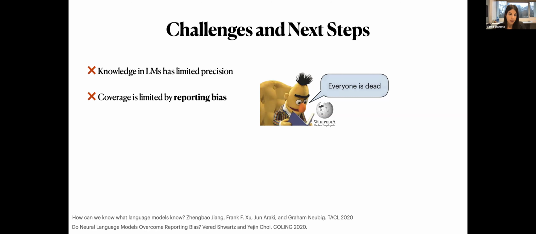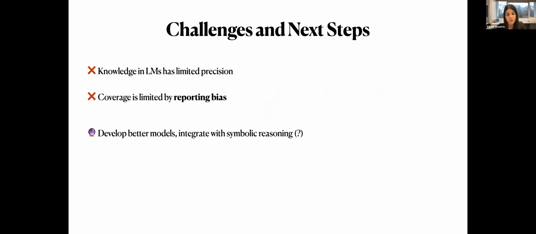And then in terms of the next steps, first of all, we need to develop better models for the tasks that I presented today, because as we saw, they're all still far from human performance. These models didn't actually do any kind of reasoning explicitly, and few models in NLP do. So we might be able to do better if we incorporate a symbolic component. In general, the little work there is in NLP on neurosymbolic models mostly focuses on neural computation with some symbolic knowledge from knowledge graphs, which is great.